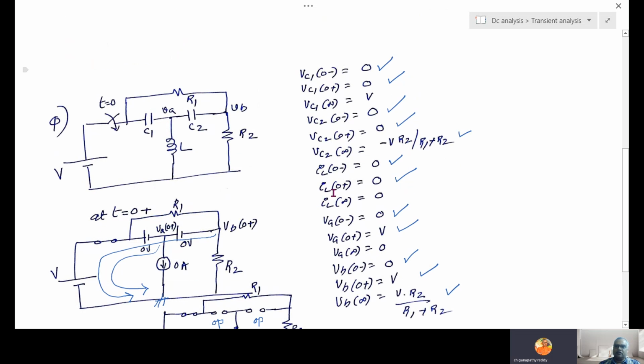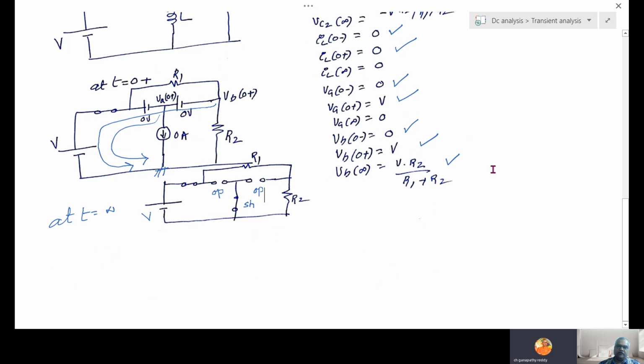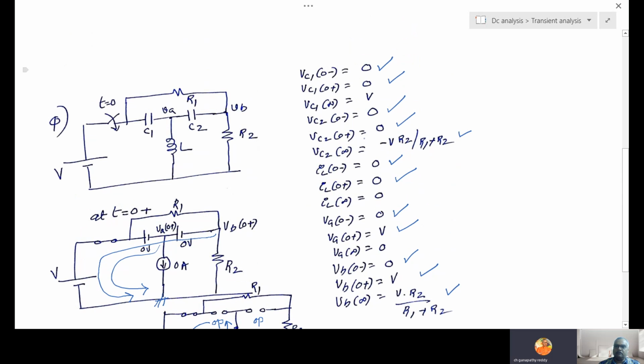VC1 infinite. VC1 infinite again, started positive, go to negative. What you get? This is 0, V and voltage in inductor is 0. So compulsorily what you get is V only, na? So VC1 infinite is V.